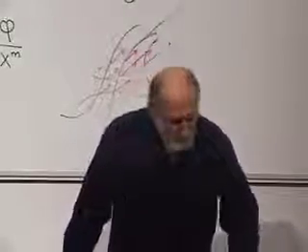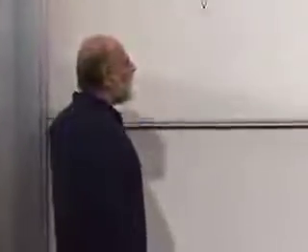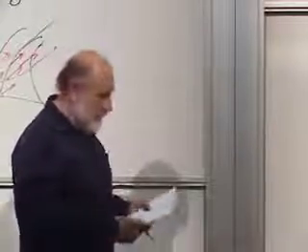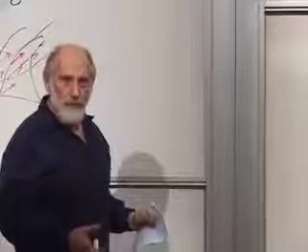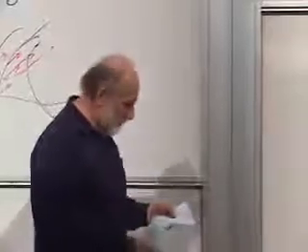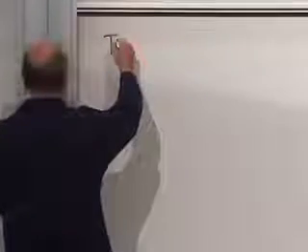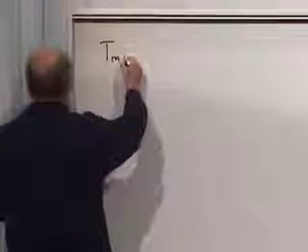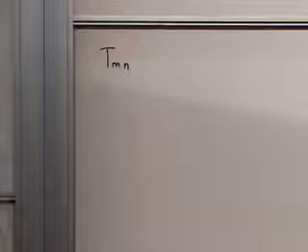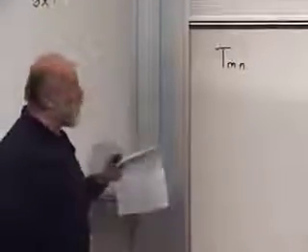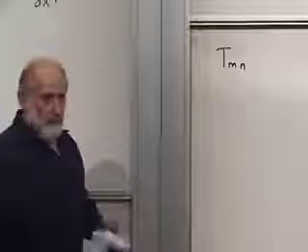So let's see if we can figure out what kind of thing the covariant derivative might be. Let's start with a thing which is not actually a tensor, but let's check whether it's a tensor or not. In other words, let's assume it's a tensor and then prove that it's not. All right, exactly this object. Let's write Tmn. This is intended to be a tensor in the x-coordinate frame.